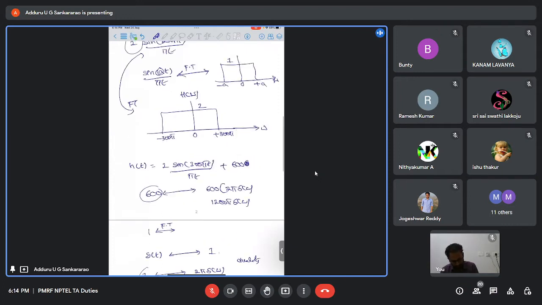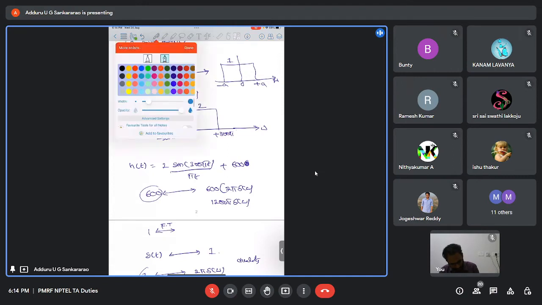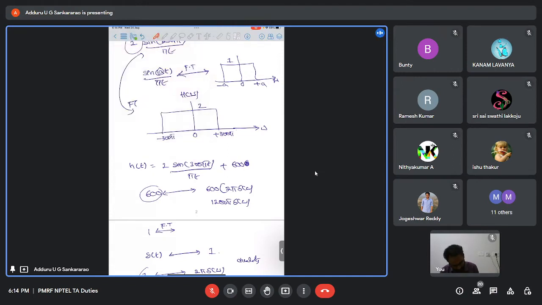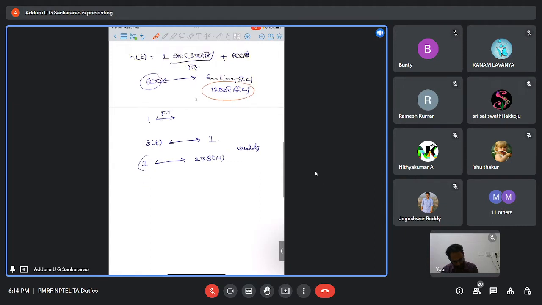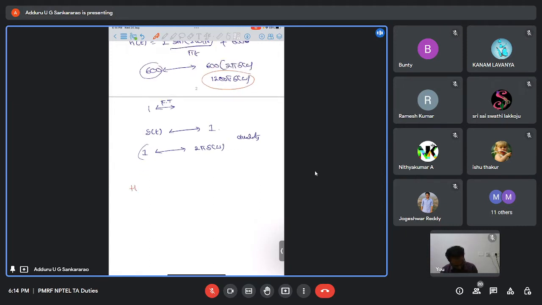So we have the Fourier transform of this, and the Fourier transform of 600 is 1200 pi del of omega. Now what is H of omega? H of omega is the sum of those two. So we have an impulse, 1200 pi del of omega, that is at 0, right?